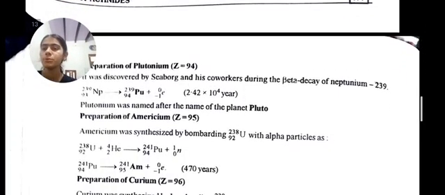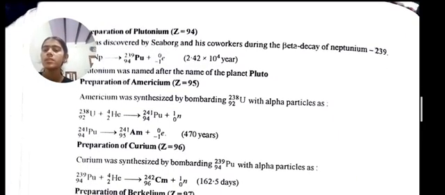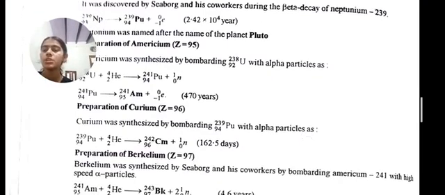Preparation of plutonium. It was discovered by Seaborg and his co-workers during the beta decay of neptunium-239. Plutonium was named after the planet Pluto. Preparation of americium. Americium was synthesized by bombarding uranium-238 with alpha particles. Preparation of curium.